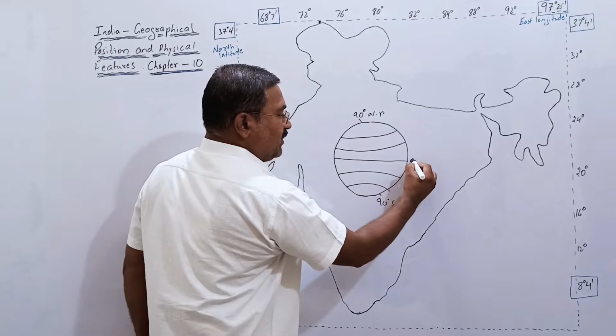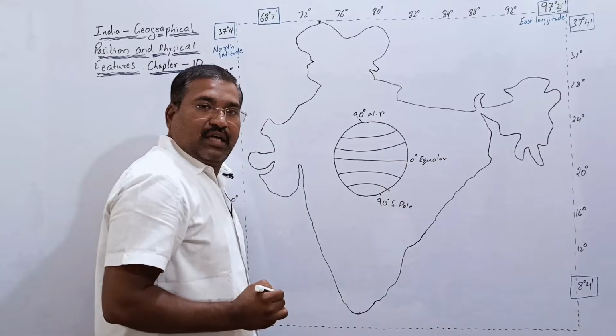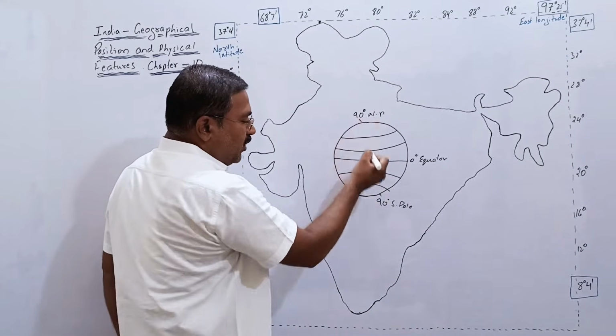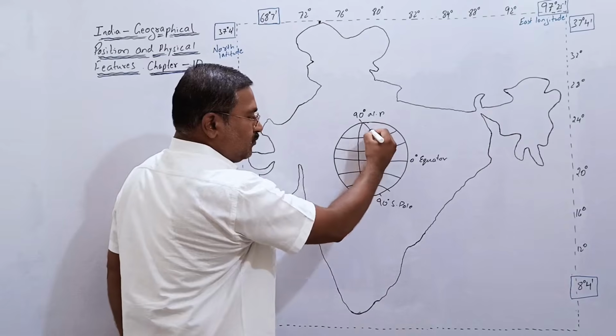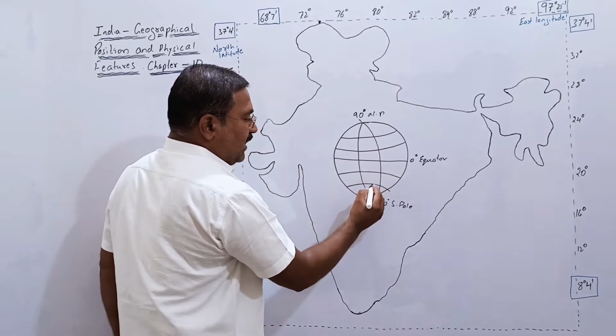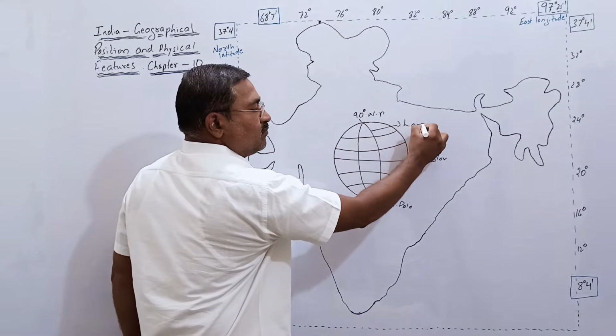The center line is 0 degree, the equator, and the lines which pass from the north pole to the south pole, these lines are called what? Called longitudinal lines.